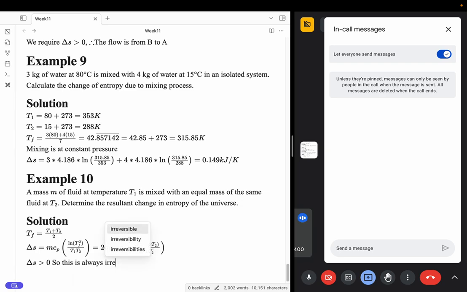This is always irreversible as long as T1 and T2 are different. So any mixing that is happening at a finite temperature difference is an irreversible process, however small the temperature difference is. That is the only conclusion we have from this.